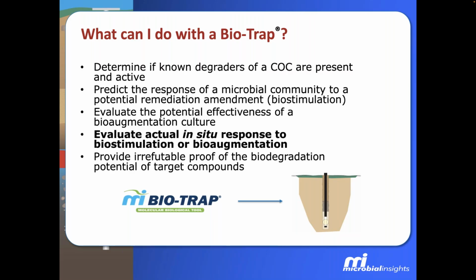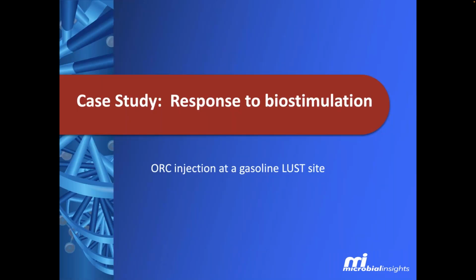Another thing we can do with biotraps is evaluate the actual in situ response to biostimulation or bioaugmentation. Basically that means that we're doing something at the site to stimulate degradation of our contaminant of concern.